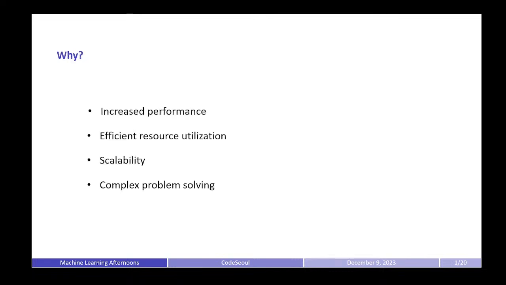So, there are a few reasons why parallel processing or making a few threads can be useful in general. First one is increased performance. We can get our results much more quickly than if we did it in a single thread on a single process.